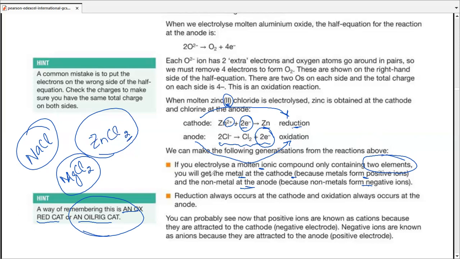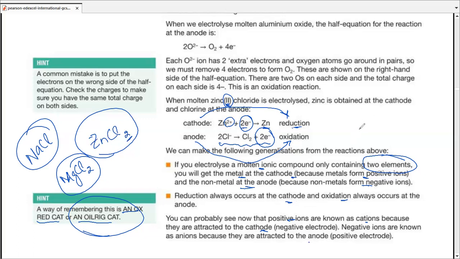Okay. Coming to the second generalization: reduction always occurs at the cathode, oxidation always occurs at the anode. This was what the hint was all about, so you already know that. We also know positive ions are cations because they are attracted to the cathode, and negative ions are anions because they are attracted to the anode.